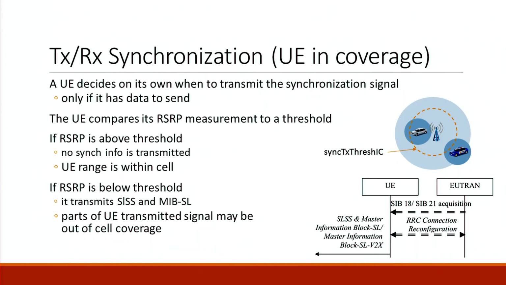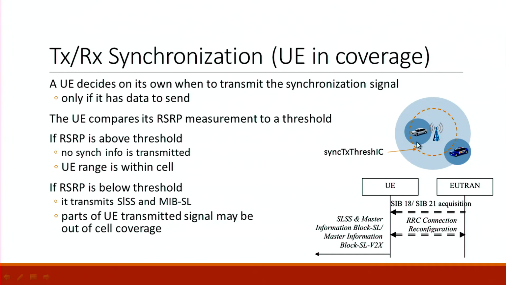Instead, if you are close to the cell edge, likely the power of the eNode B will be received much more weakly. So in this case, you may want to become a syncref UE. So the standard provides for an algorithm that says if the power from the eNode B is below a threshold called sync-TX threshold, then you will start advertising your willingness to become a syncref UE.